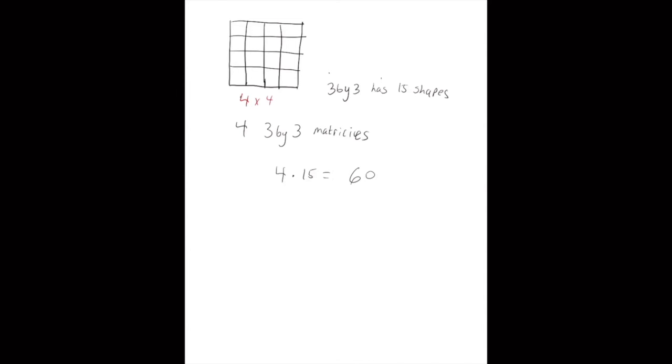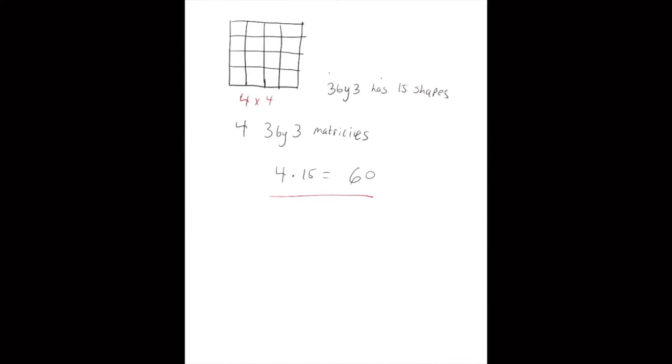And so down here we can multiply and we get 60. Well, now we need to start counting how many shapes we're looking at here that we haven't already counted.